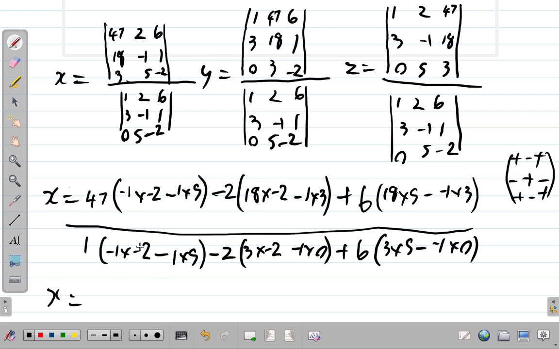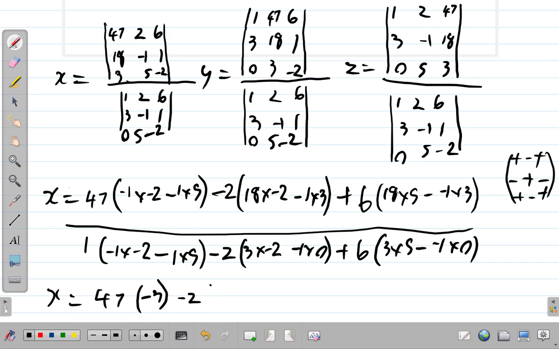Alright, so x equals what now? 47 times -1 by -2. That's going to be positive 2. 2 minus 5 is -3.